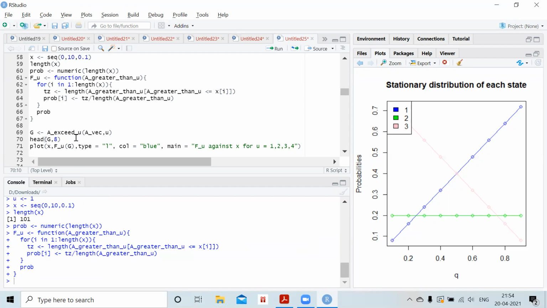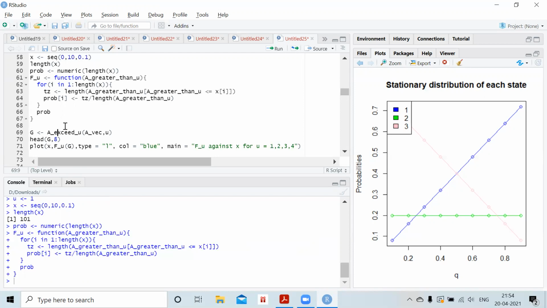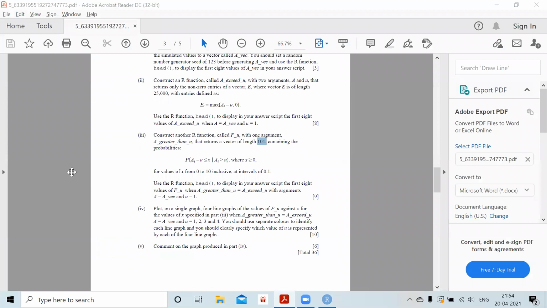Now, as the question says, you should display the first 8 values of F_u when A greater than u equals A exceed u. So the function inside this will be A exceed u with arguments A vec and u.